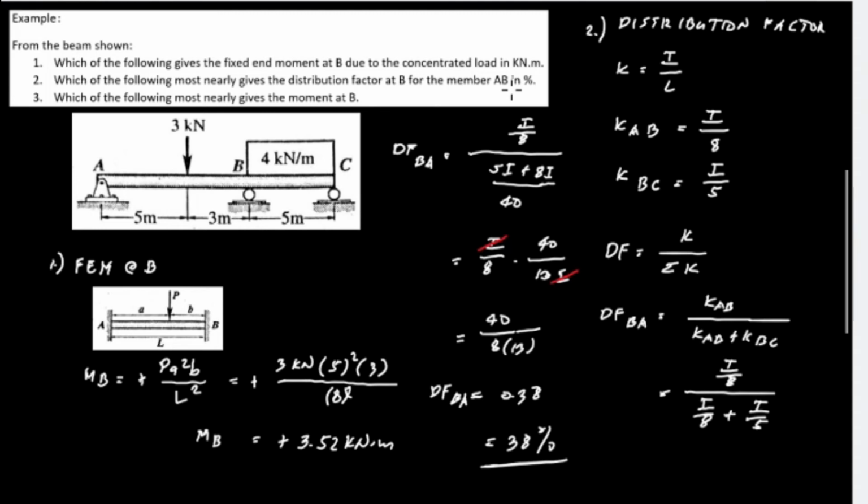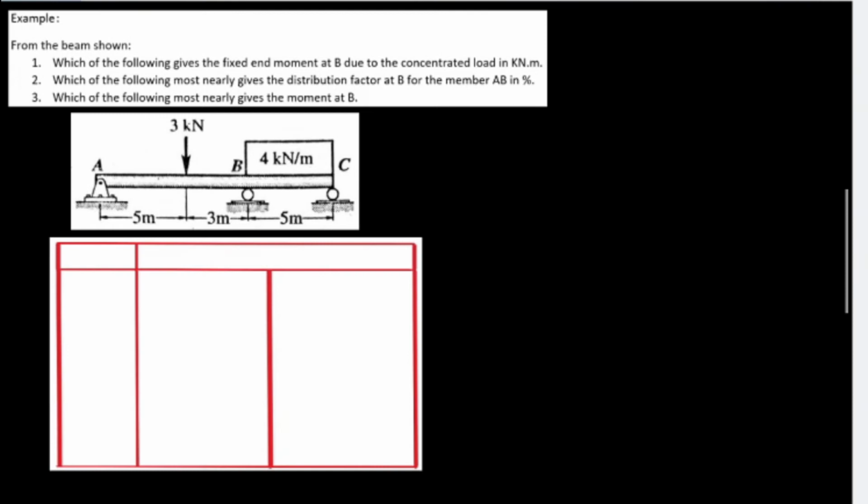Next, we will find the moment at B using the distribution factor table. For the joint, this is A, this is the center at B, and C. We'll have the value for DF, fixed end moment FEM, and then the balance, and then the carryover.